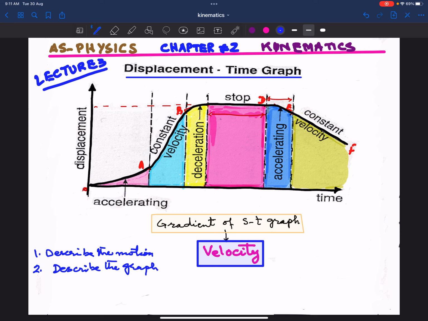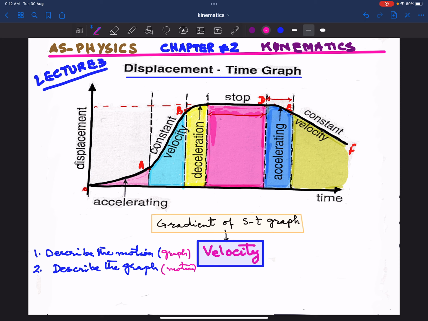They will give you the graph, and you have to describe the motion. On the other hand, they have given you the motion, and then you have to describe the graph for that motion. So these are 2 possibilities. Here we have the first situation where the graph is given, and we have to describe the motion.